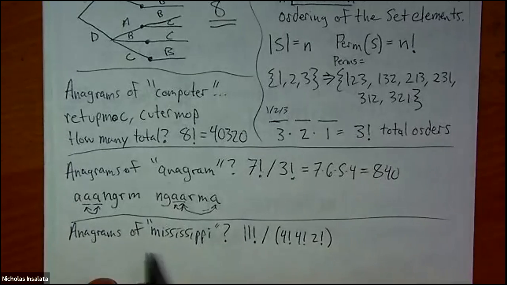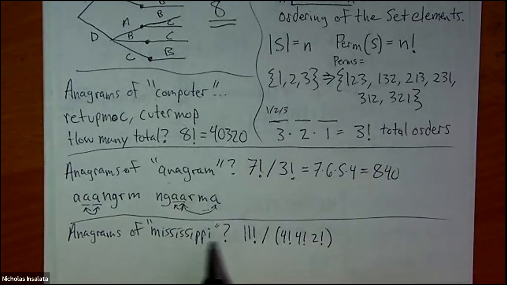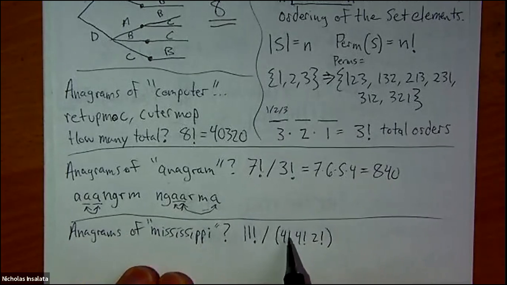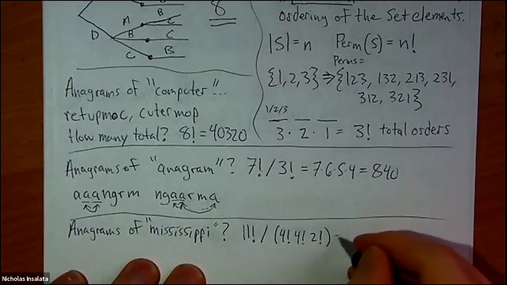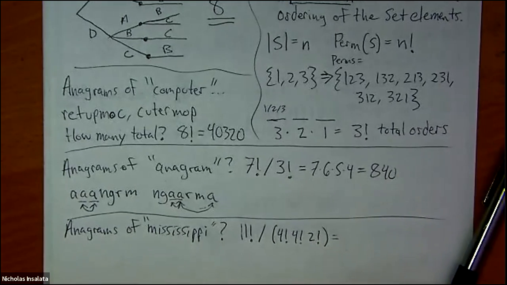Because you have 11 letters to start. 1, 2, 3, 4, 5, 6, 7, 8, 9, 10, 11. Yep. 4 I's, 4 S's, and 2 P's, right? So you have the 4 I's that could be interchanged, 4 S's that could be interchanged, and the 2 P's that could be interchanged. Perfect. So how many is that total? Let me pop over to Google here.